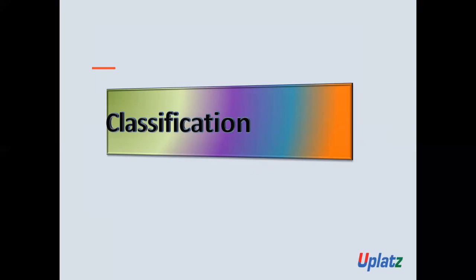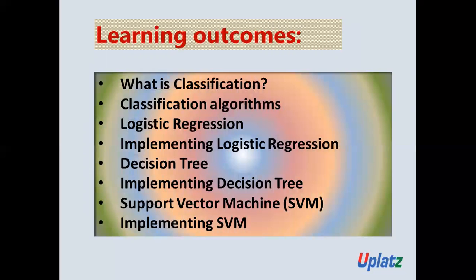Let me show you what you are going to learn in this session. First, you will understand what classification is, and then you will learn the classification algorithms. The first algorithm you will study under classification is logistic regression. You might think, is it a regression?